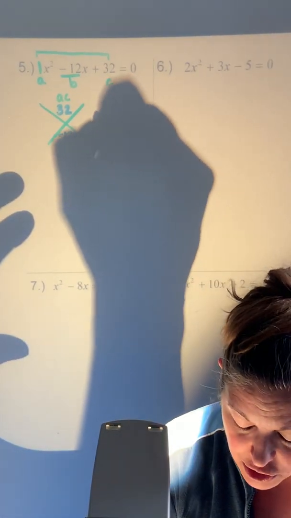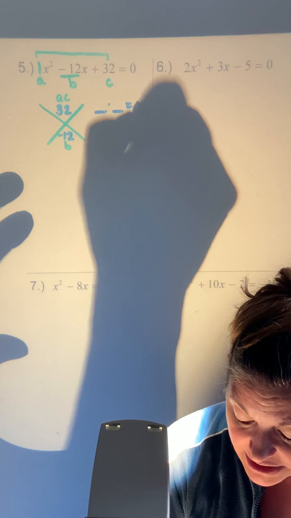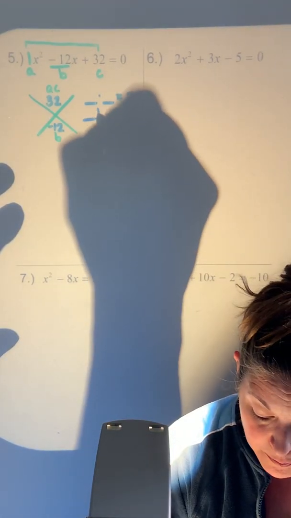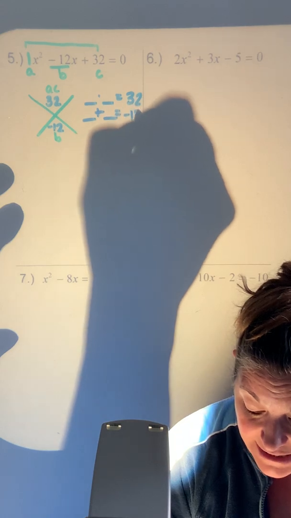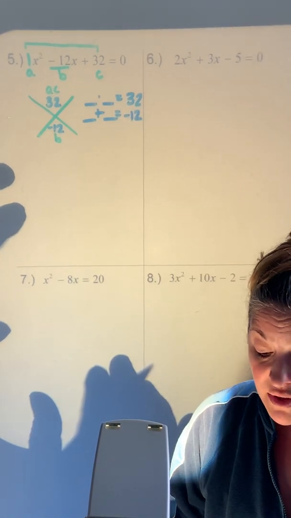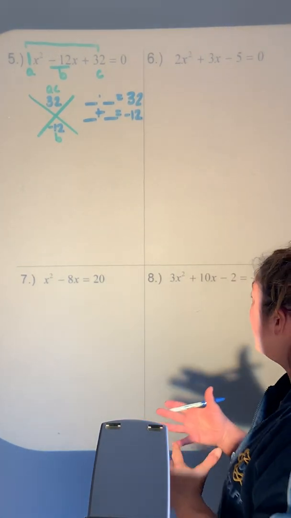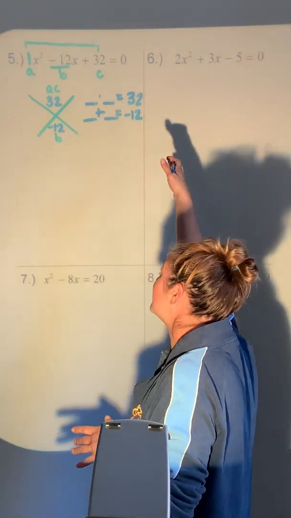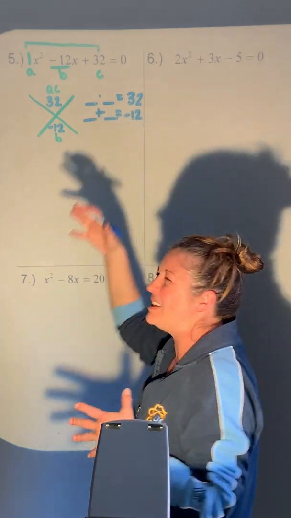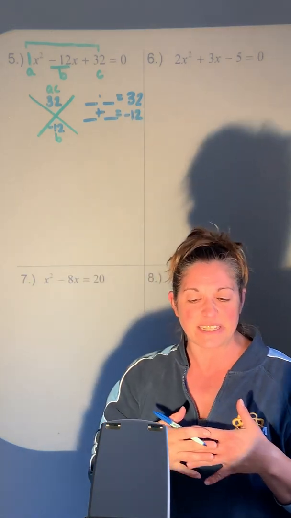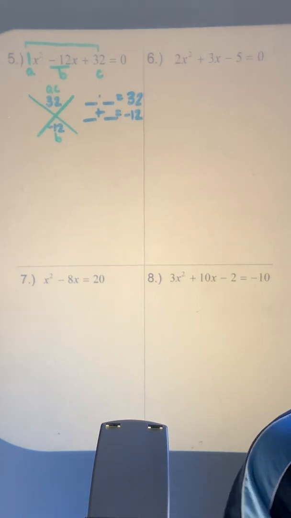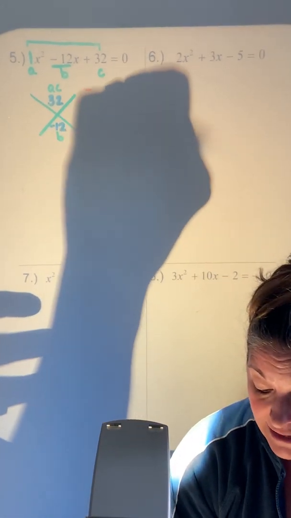So I'm looking for 2 numbers, and I'll just clarify it over here, that multiply to be 32, but come together to be -12. Well, the first thing you might notice is that if you need the product, meaning the answer to the multiplication, to be a positive number, but yet you need them to combine to be a negative, well, the only way for that to happen is to make sure that both of these numbers are negative.